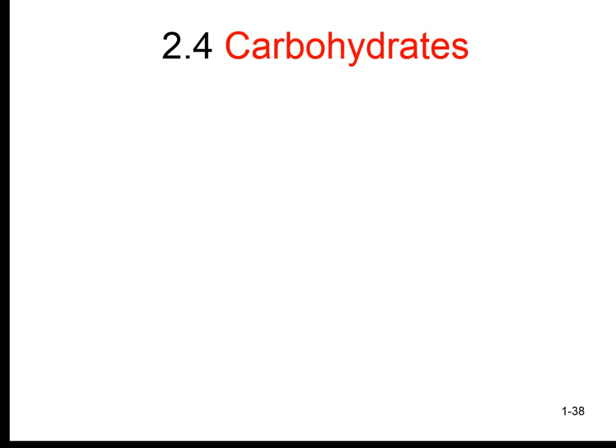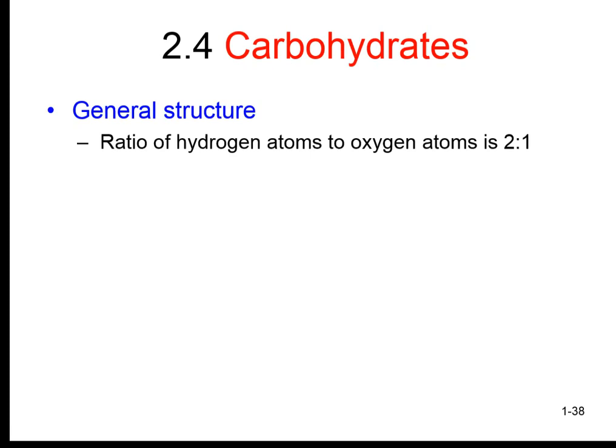So let's start with carbohydrates. I mean, carbohydrates is something that we usually talk about. I don't want to eat too much carbs. I don't want all sorts of things. So a carbohydrate has a ratio of hydrogen atoms to oxygen atoms of 2 to 1.